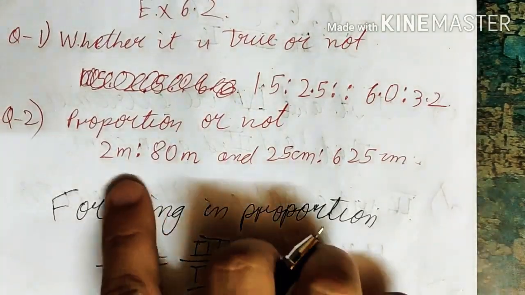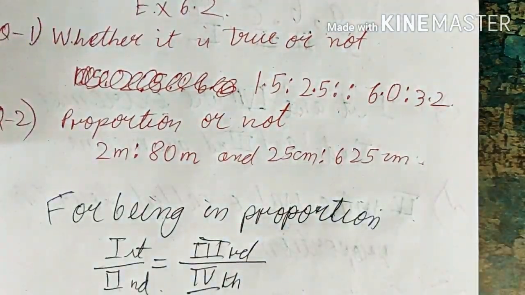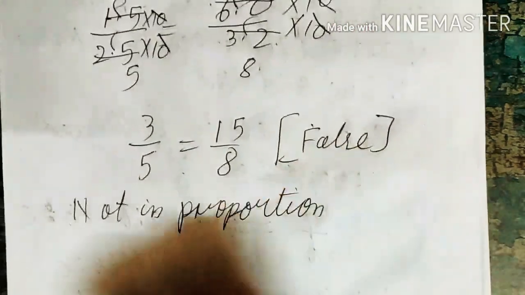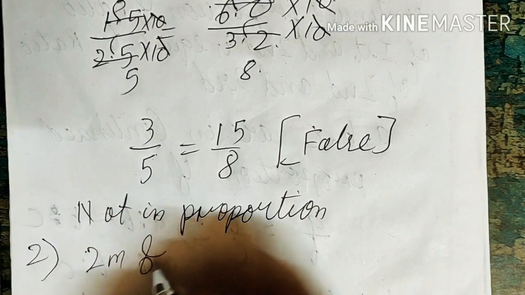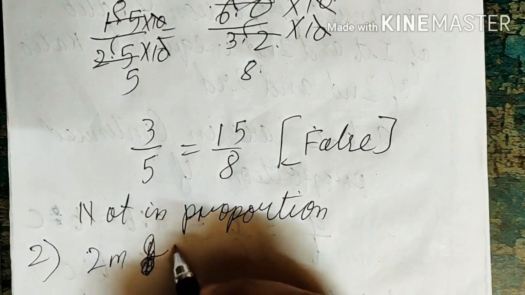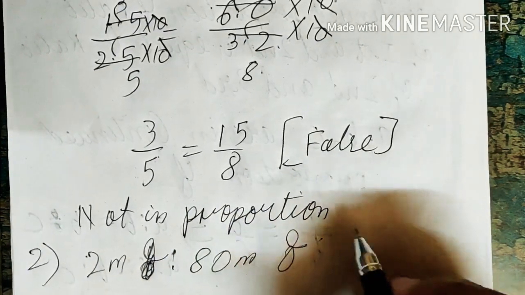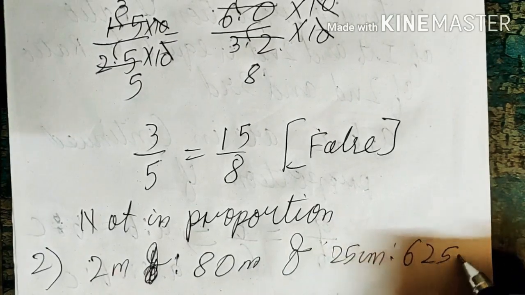So moving forward, the second question is, again we have to check proportion or not. Here the values are 2 meter is to 80 meter and 25 centimeter is to 625 centimeter.